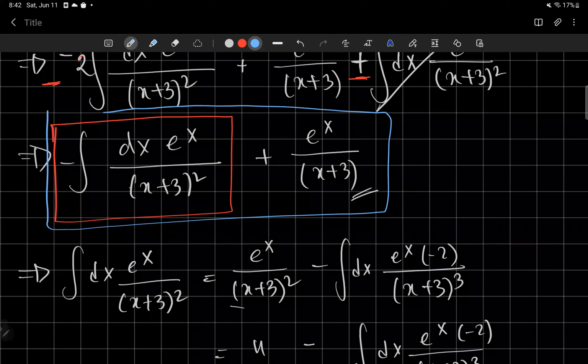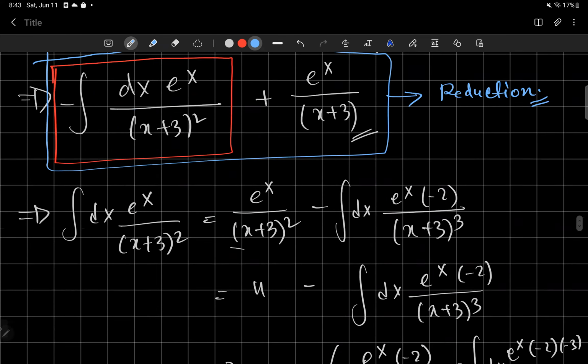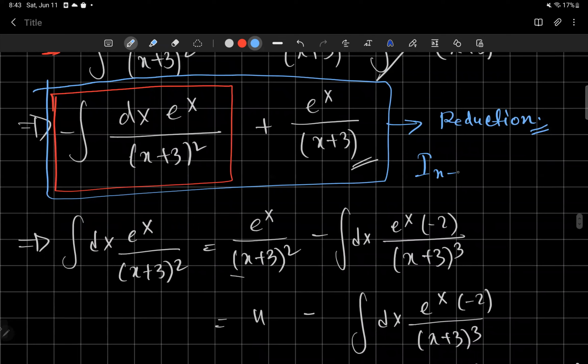And why am I showing you this? Because there is a thing called reduction method. When we do definite integrals, you will have to use these methods. The idea for this type of integrals is the following. Let's say you have an integral, and let's say it's this. You guys are familiar with recursion relations, right? In your CS course, maybe you have seen something.